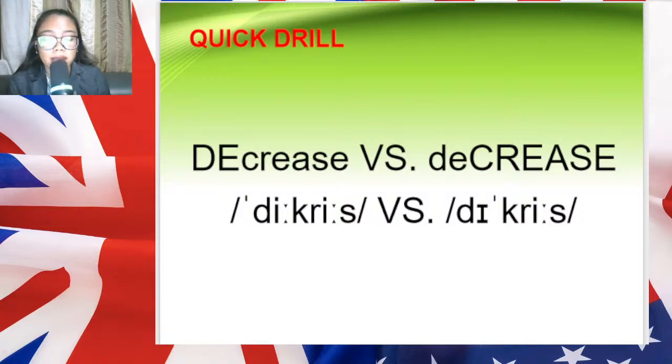Decrease, decrease. Okay? Now it's your turn. I'll say the word in one of the two stress patterns. You listen, decide if it's the noun or the verb, and then try making your own sentence using it. Decrease, decrease. When I mention decrease, stressing on the second syllable, like in a sentence, they're hoping for a decrease in pollution this year, what part of speech am I referring to?